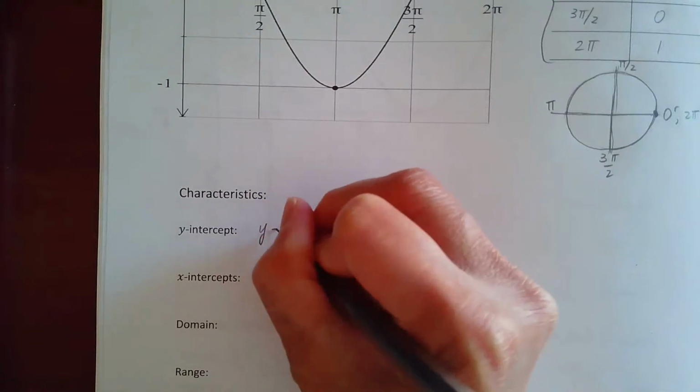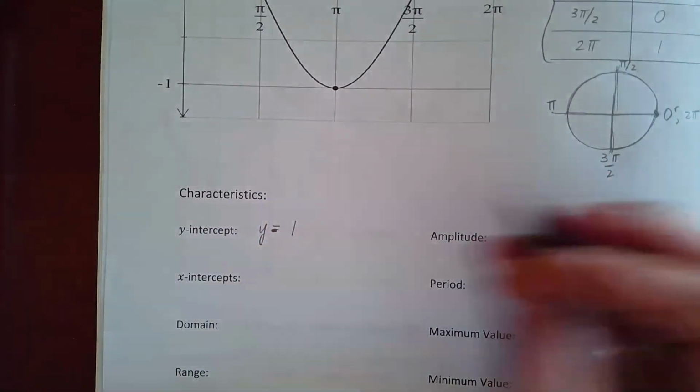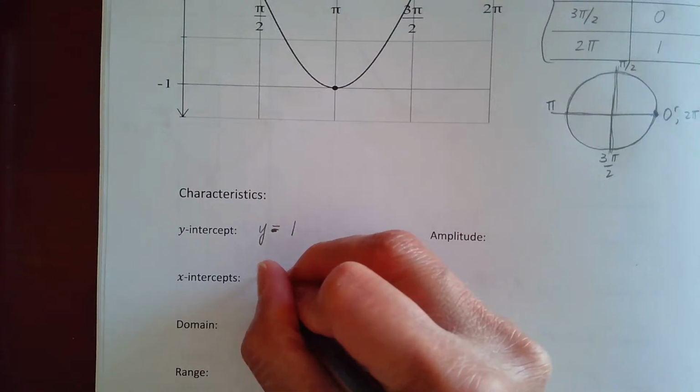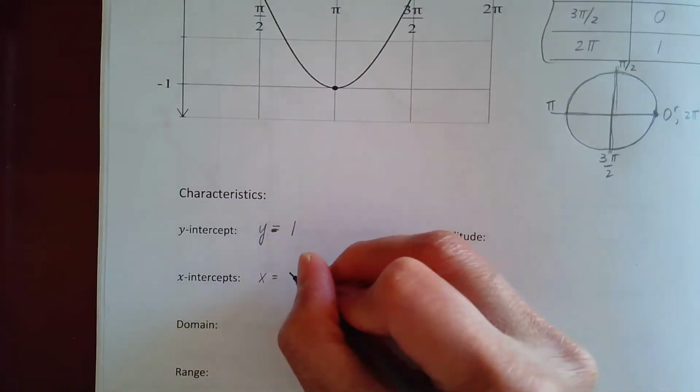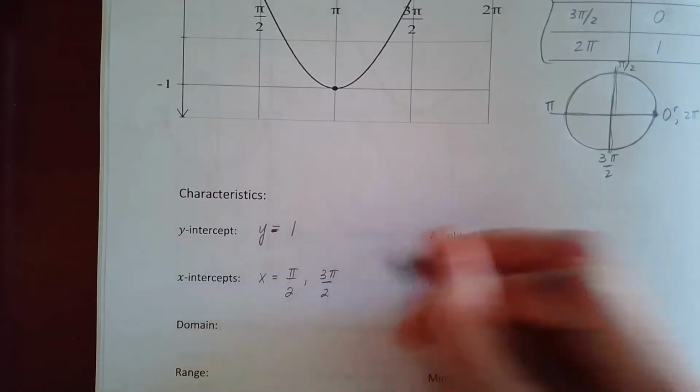Characteristics: y-intercept, in this case, y-intercept equals 1. X-intercepts, there are actually 2. So x-intercepts are pi halves and 3 pi halves.